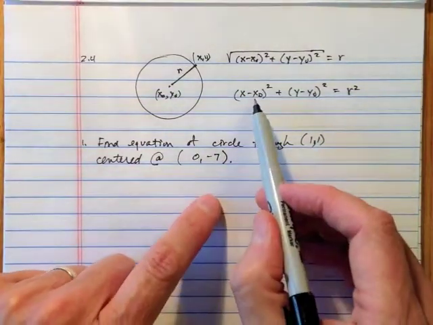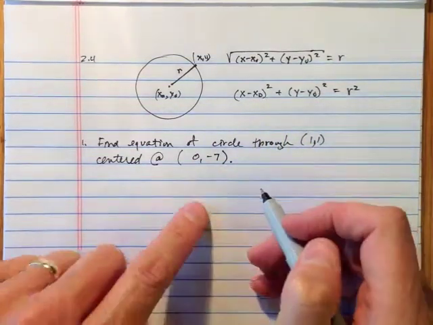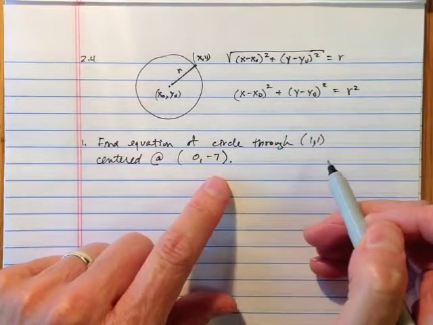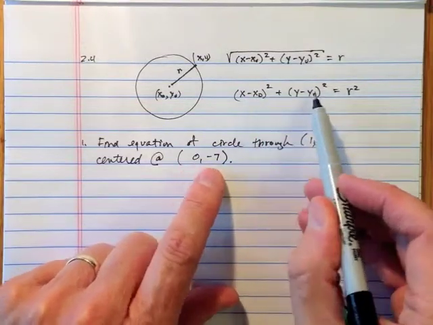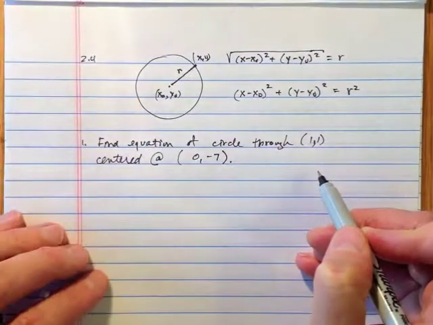See, if somebody gave me the center and the radius of the circle, I could write down the circle. So there's some homework problems generally where they give you that information but in kind of an indirect way. Well, not too indirectly, because they told me the center of the circle this time. So there's x naught, y naught, 0, -7. And 1, 1 is just one point on the curve.